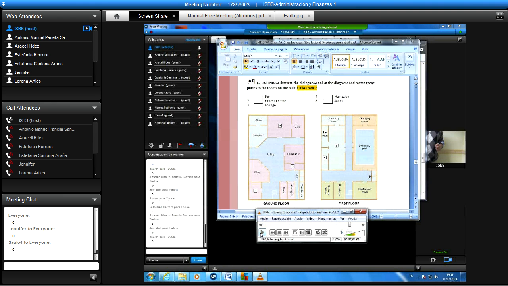Pero no es una agencia de noticias. El kiosco, como el kiosquero, something like that, del periódico. And then telephones. And then on the first floor we have the changing rooms. What are the changing rooms?